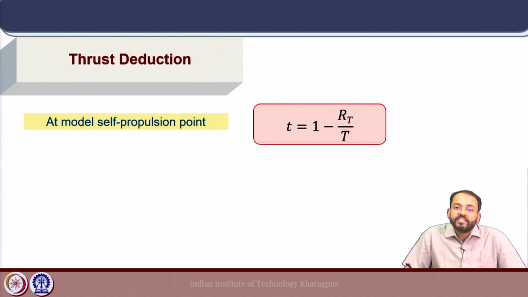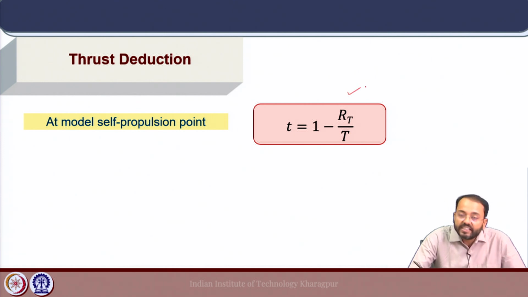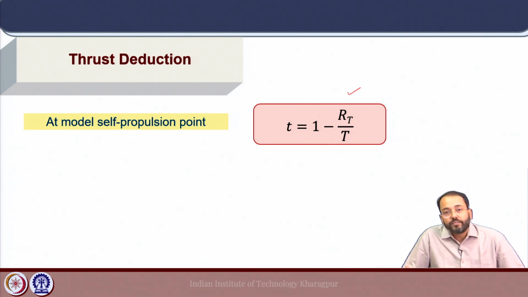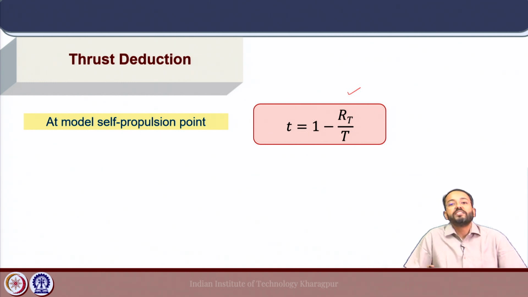Now, for the thrust deduction, this part is very important to understand. As we have previously written this particular expression, the thrust deduction is related to the total resistance from the resistance test and the thrust measured from the propulsion test at the model self propulsion point. That means where the tow-rope force is 0.